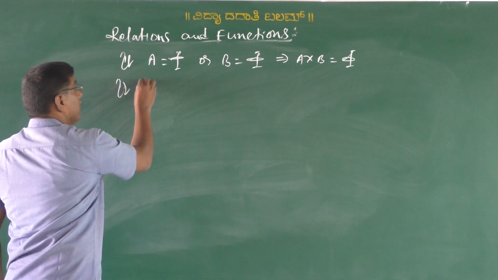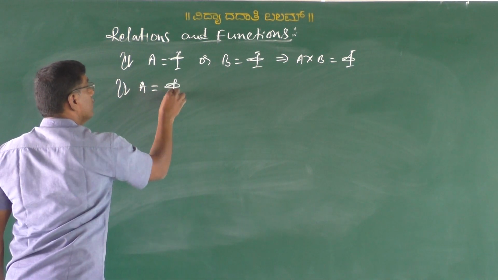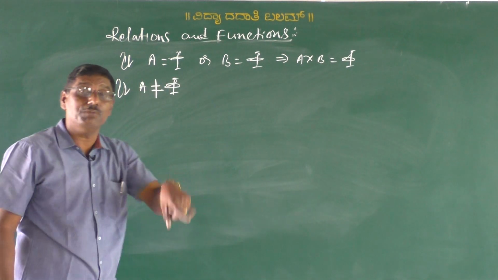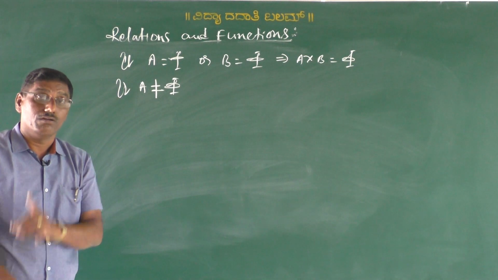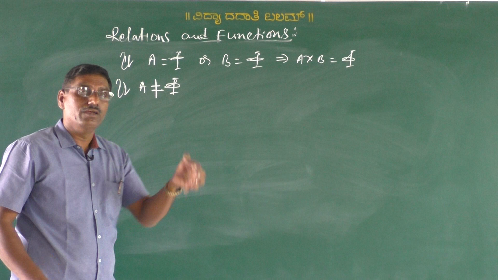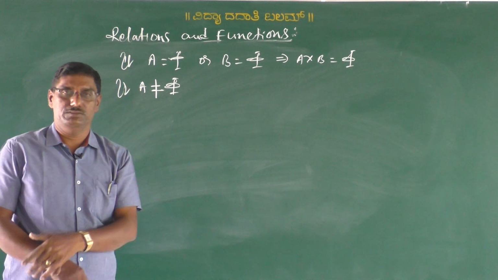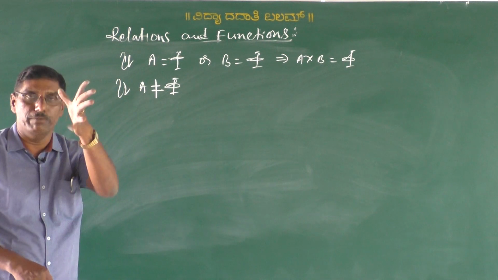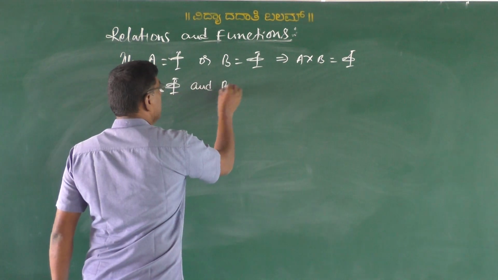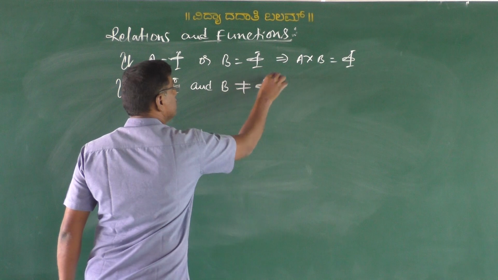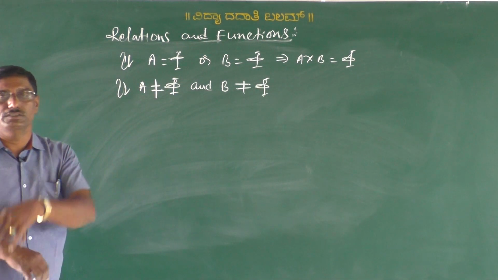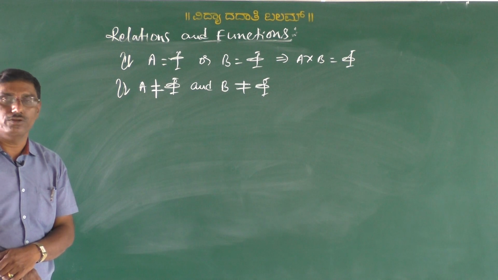If A is non-empty, that means A is not equal to empty, that means the set A consists of some elements, a few elements, and B is also non-empty. B also consists of some elements. Do you understand?